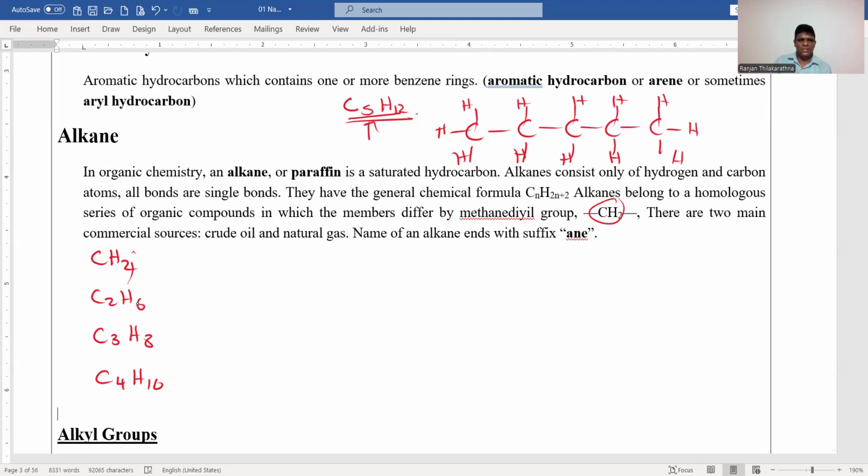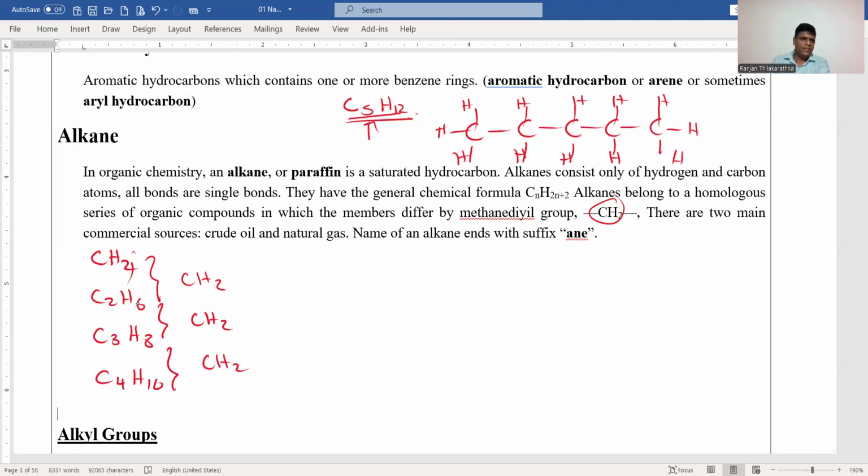The difference between each of these is CH2. The preceding members differ only by that CH2 group.